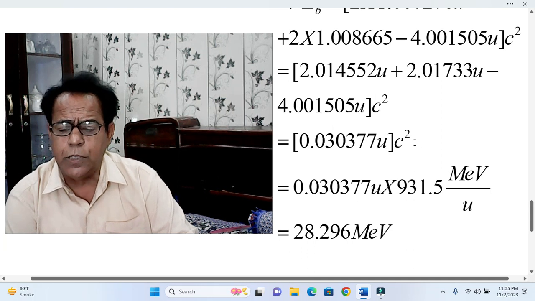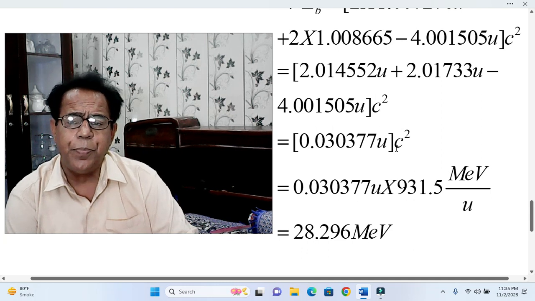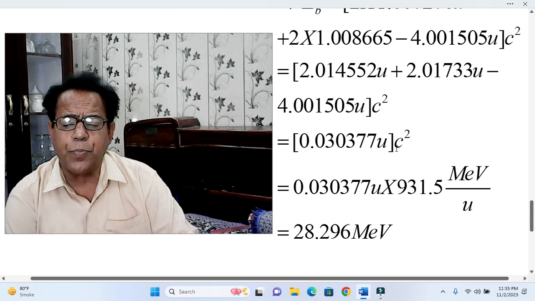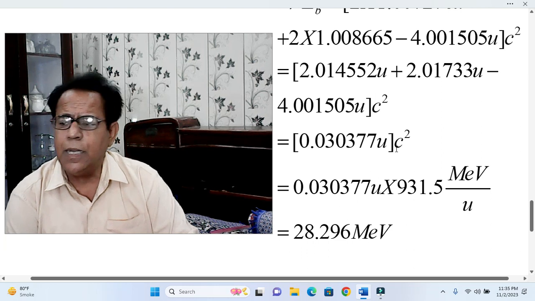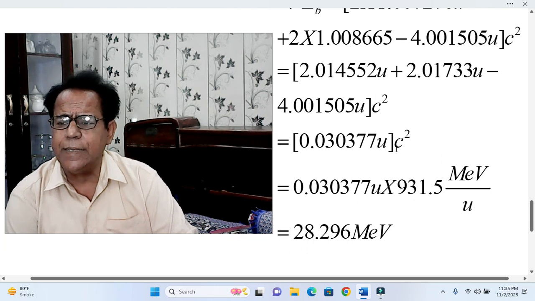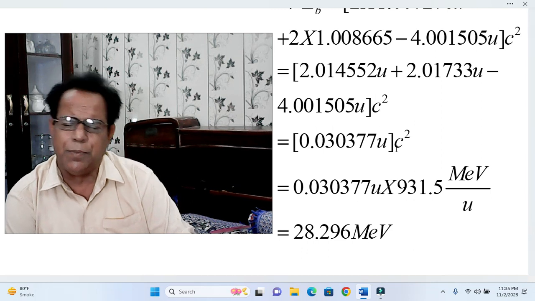Now we have put the value of c square. This value of c square is given in two different tables: one is the table of physical constants, which is large enough, and the second was a sub table of the large table.